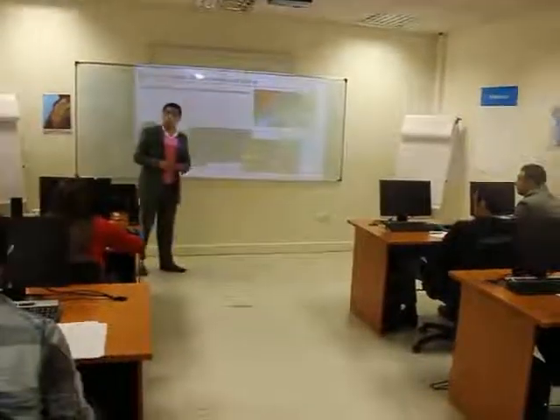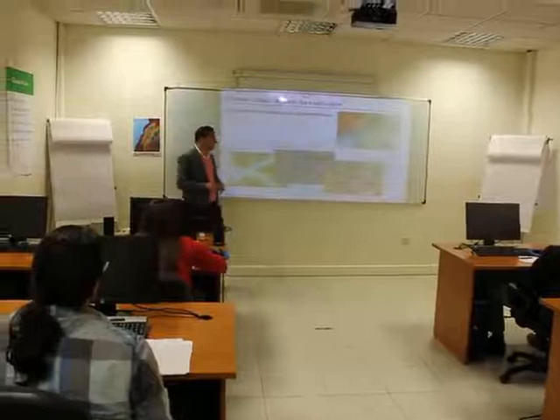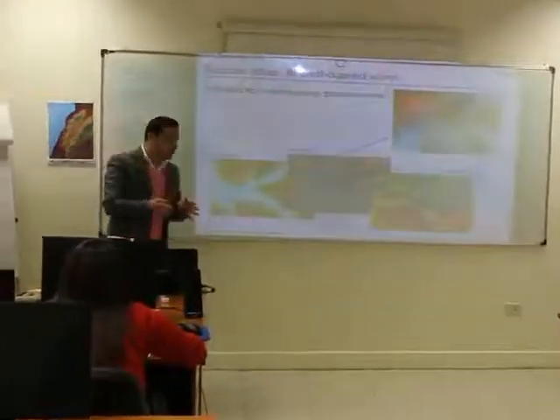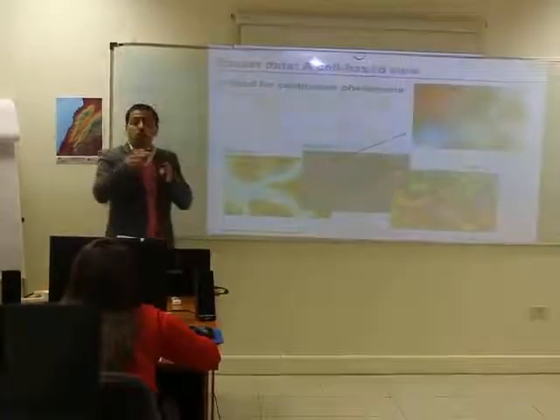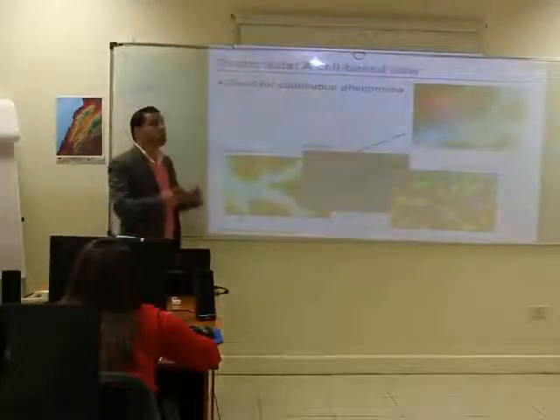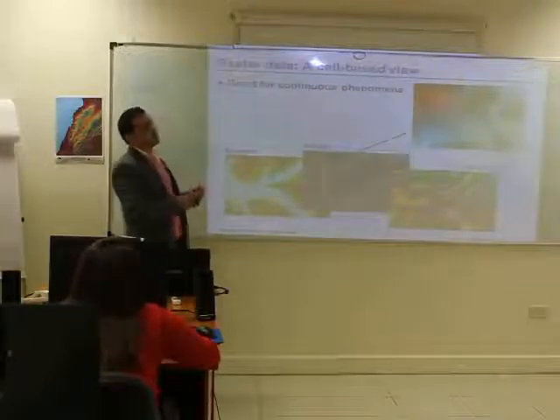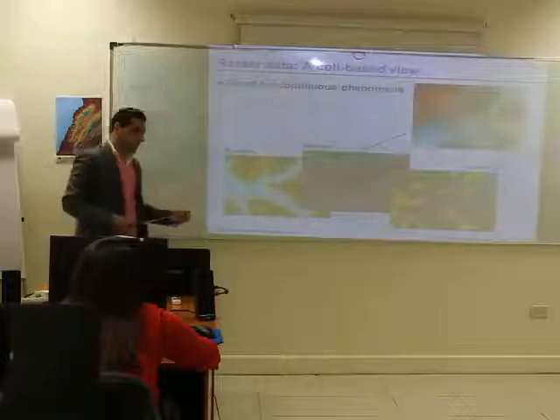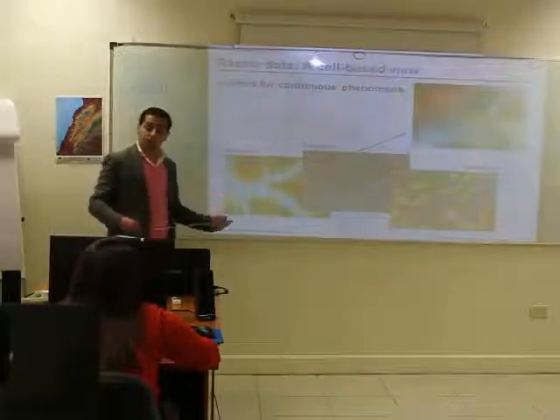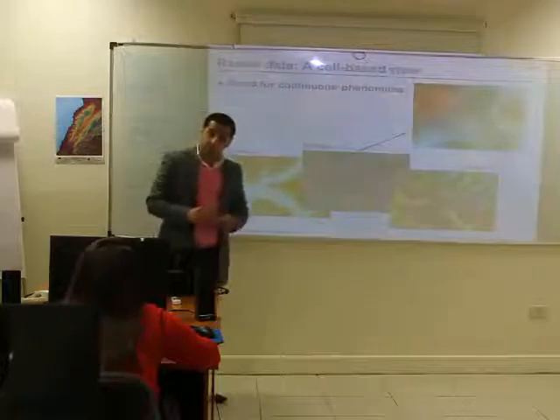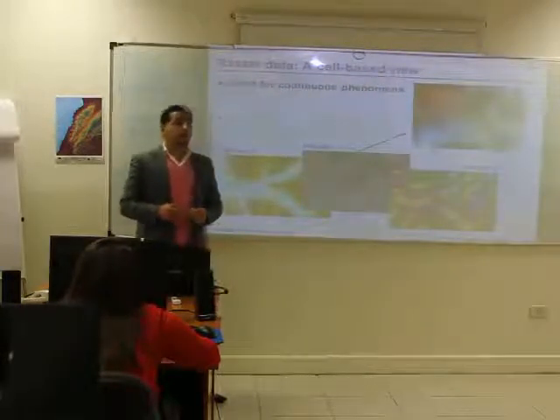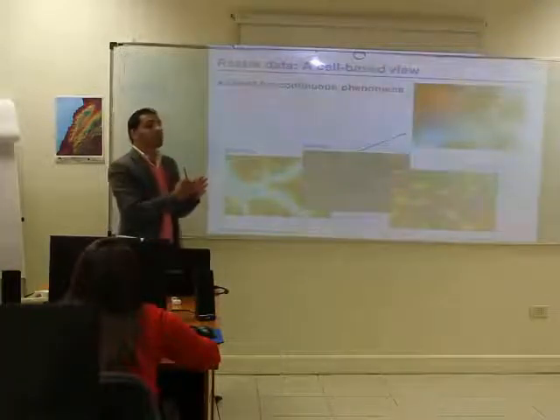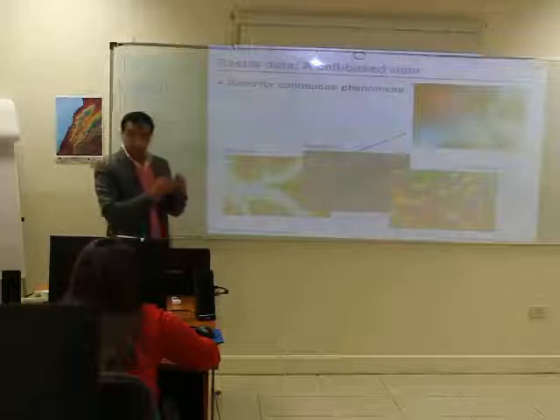So some features are good to represent as vector data, while other features that have a continuous phenomenon or continuous surface are better represented as raster data. This is the second type of how we can store data in GIS. When we added the satellite image to our MXD in the previous chapter, we call the satellite image raster data.